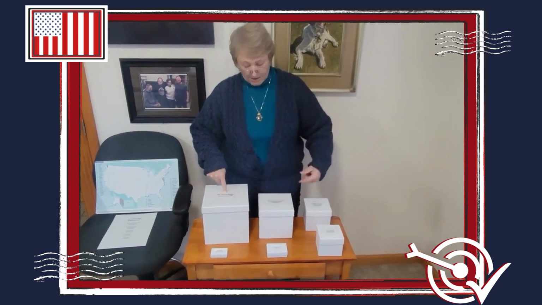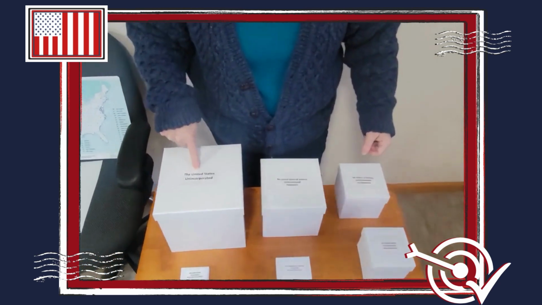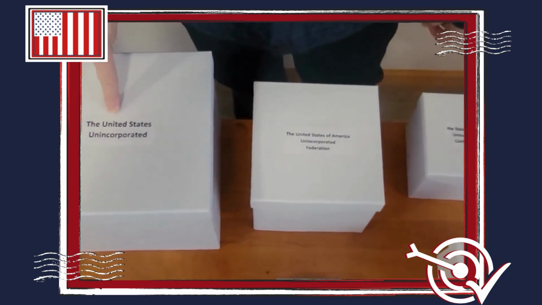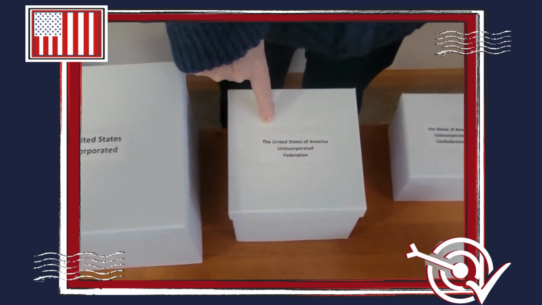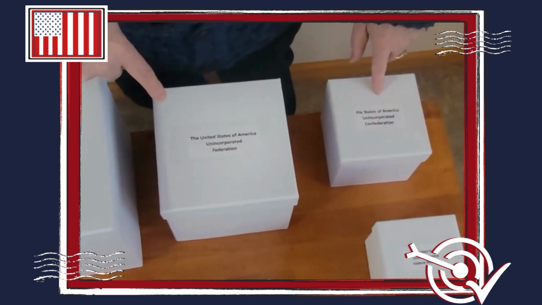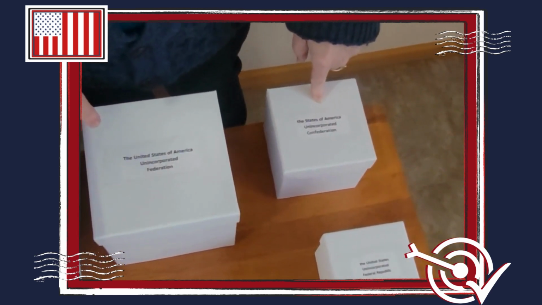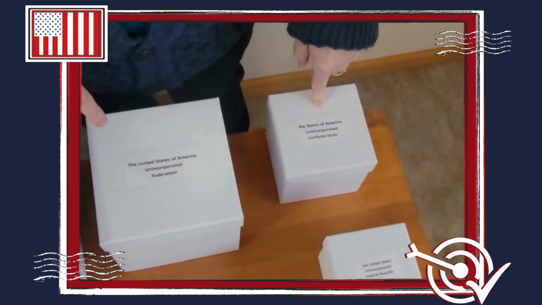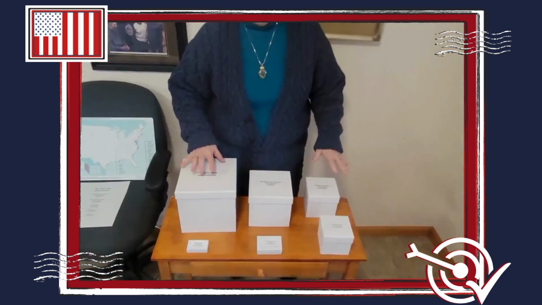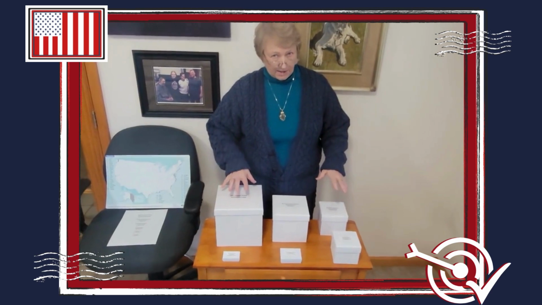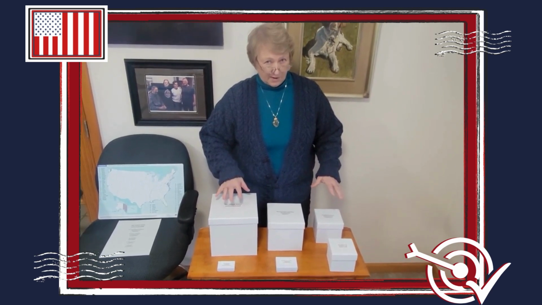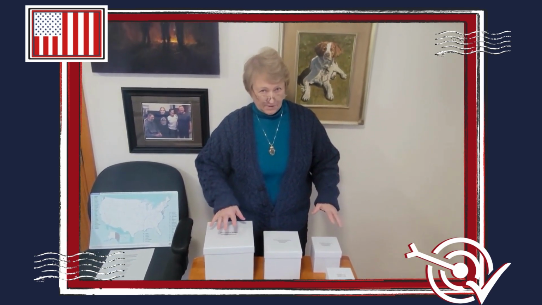Want to take a quick look here? The United States Unincorporated, the United States of America Unincorporated Federation, and the States of America Unincorporated Confederation. All three of these American government structures were completed within the framework of the Revolutionary War.